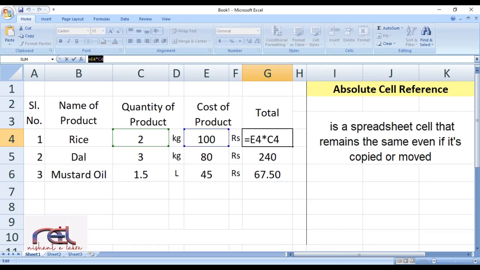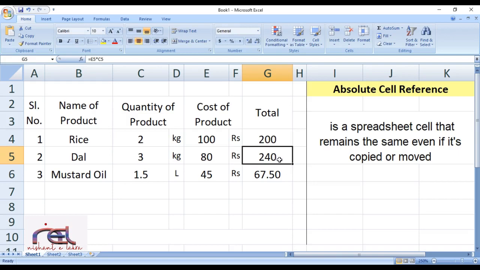Now you see here in cell G4, the formula that is entered is equal E4. What is there in E4? 100, right? Multiplied by the quantity, that is C4. In the next cell, it's E5 into C5, right?